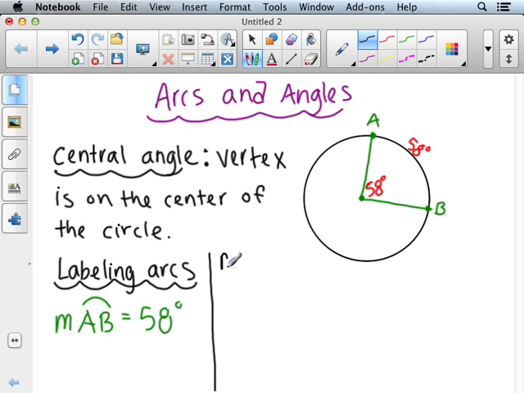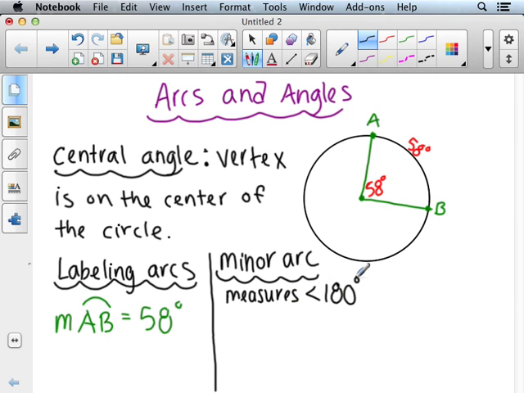So I'm going to say minor arc measures less than 180 degrees, and a major arc measures more than 180 degrees.